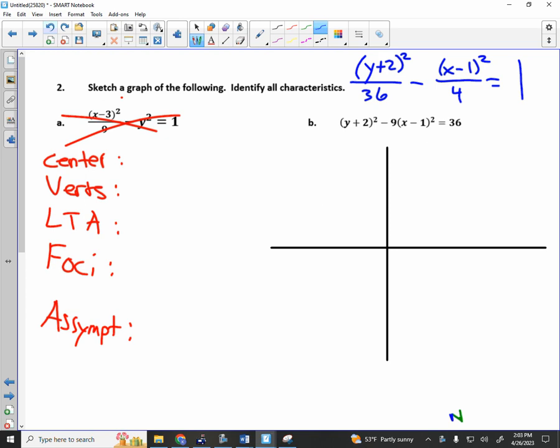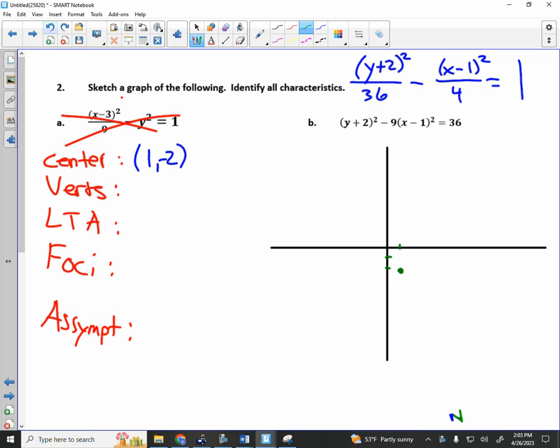The shift for y is, see how it's different when it's like that? I thought you had a question. Okay, I'm going to move over 1 and down 2. And I'm going to make my box.